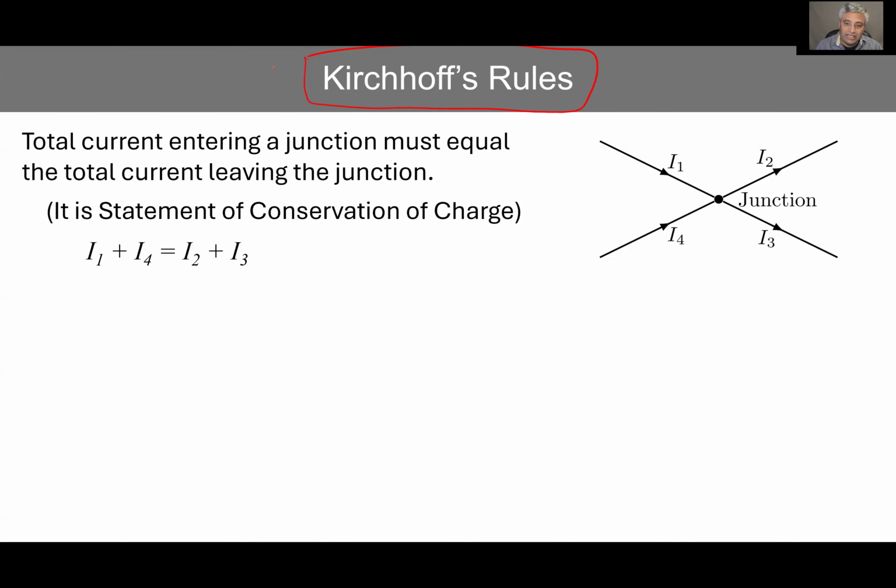So conservation of charge also means the total number of charges before and after must be the same, because those charges haven't escaped from the circuit, okay? Nobody ate the charge. Nobody stole the charges in a circuit, okay?